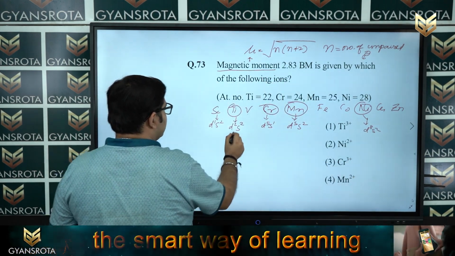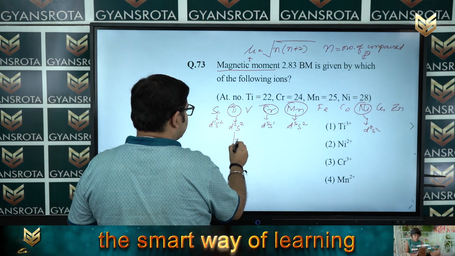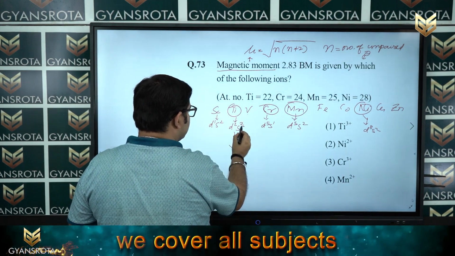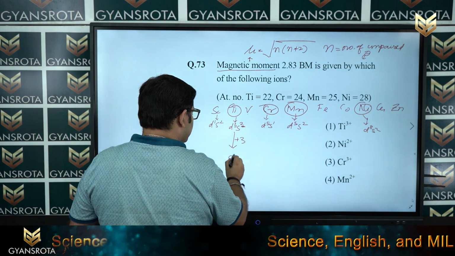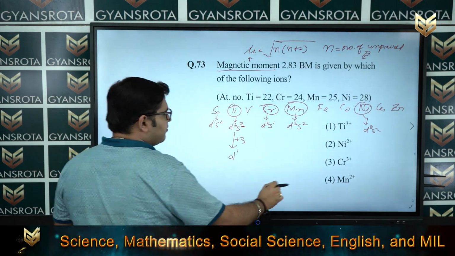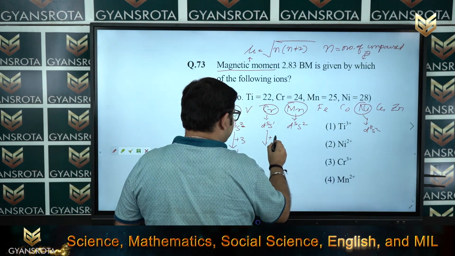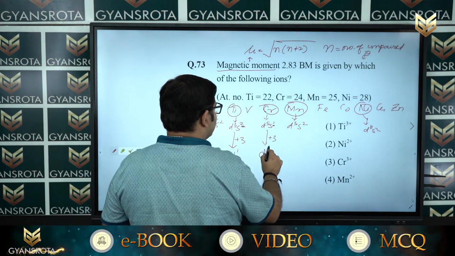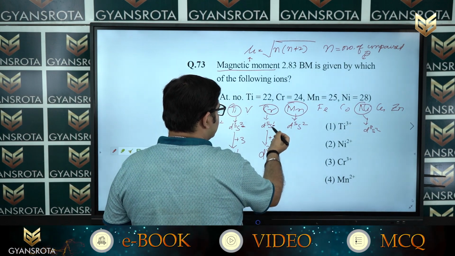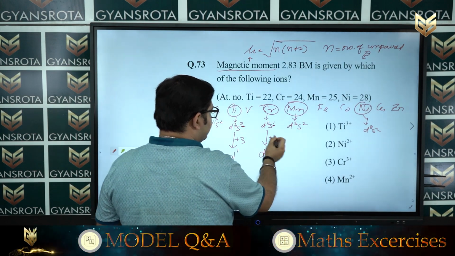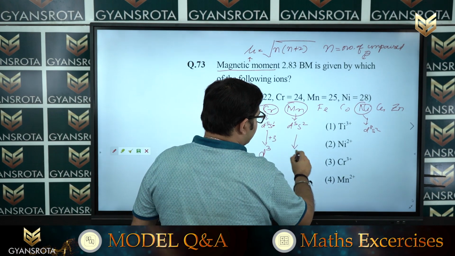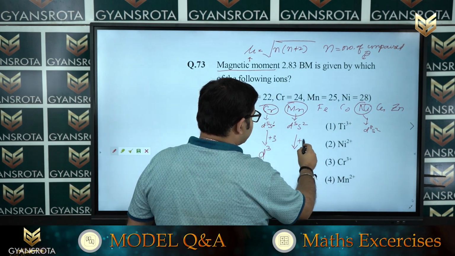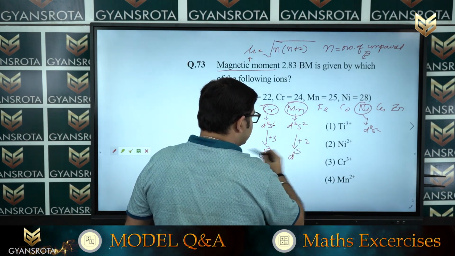Now, see for this one Ti, they are giving us plus 3 oxidation state, means 2 from here, 1 from here. So, it will be d1. For chromium plus 3, 1 from here and 2 from here, so it will be d3. For manganese, it will be plus 2 state, so it should be d5.